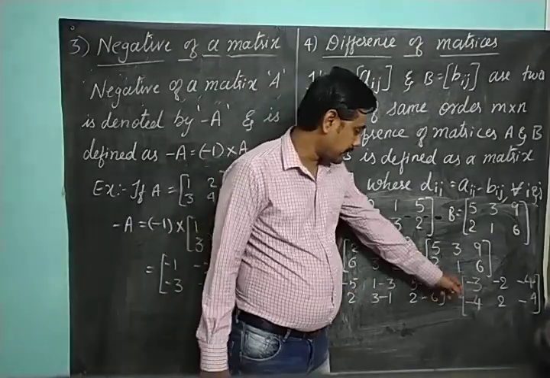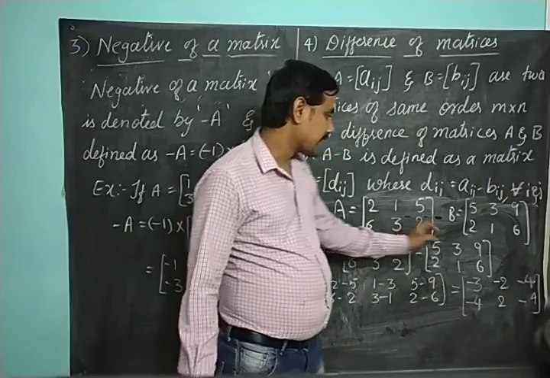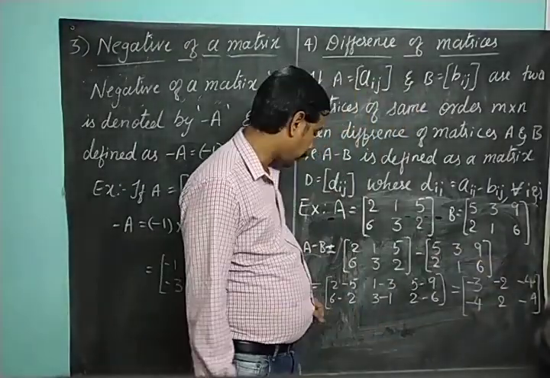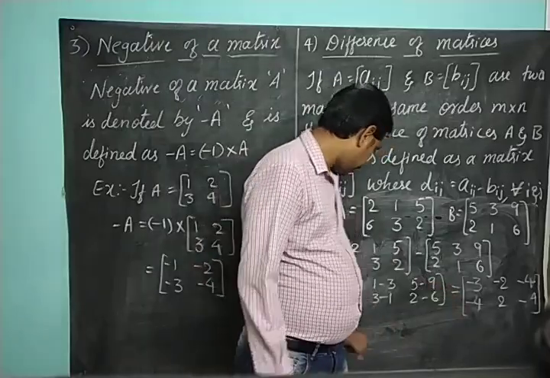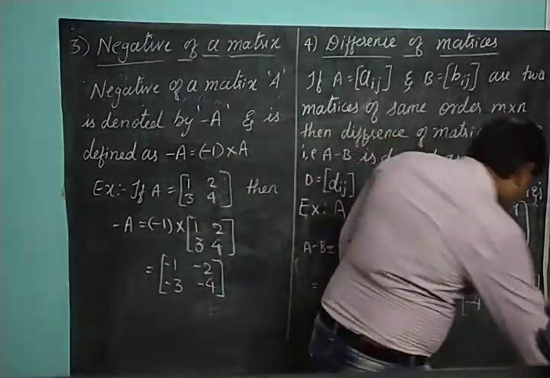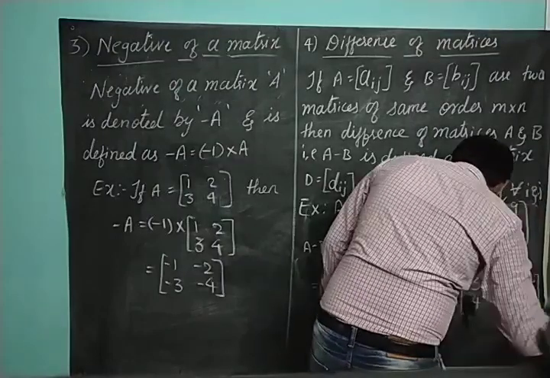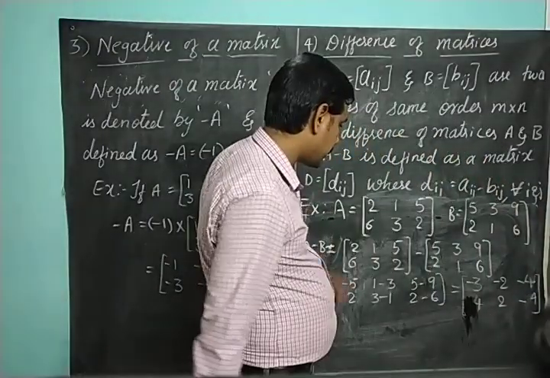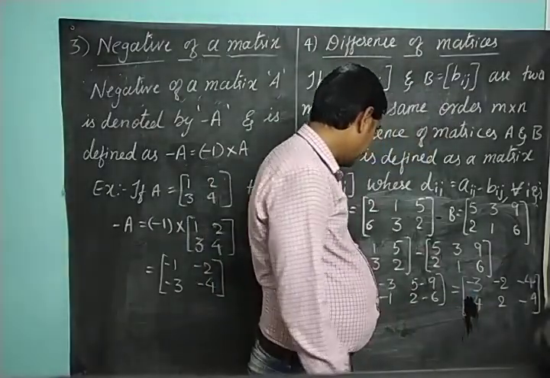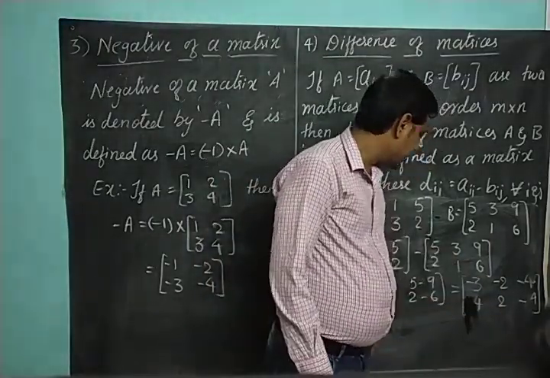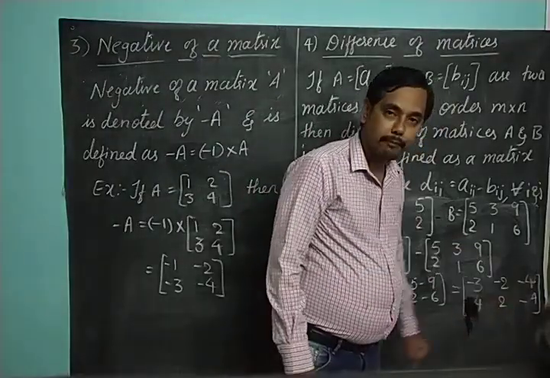Similarly, 6 minus 2 should be plus 4. 3 minus 1 is 2. And 2 minus 6 is minus 4.